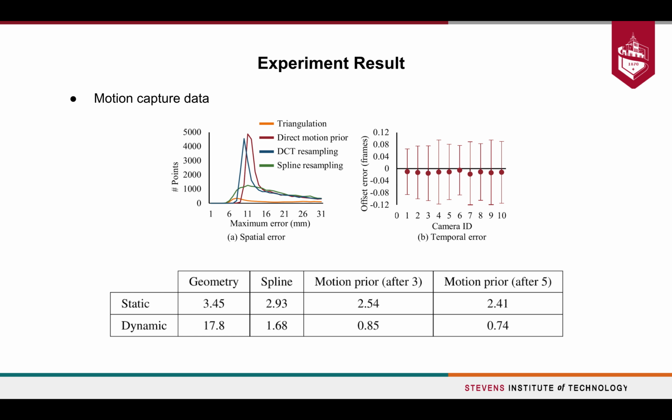And they do some experiments. First, this is about the reconstruction error for DCT and this motion prior. Their reconstruction error will concentrate on a lower value compared to triangulation. And second is the time offset.